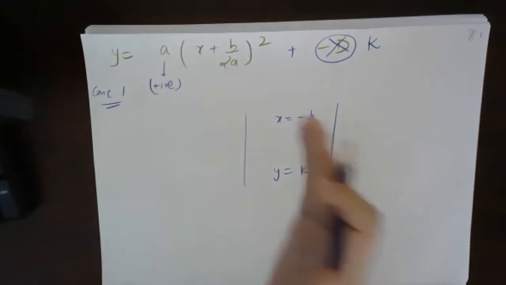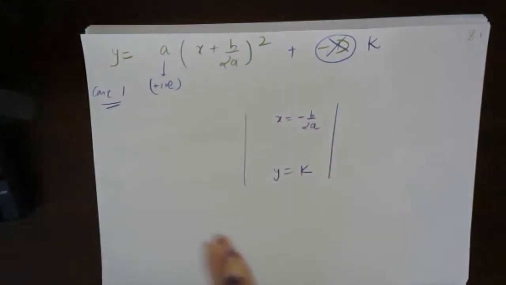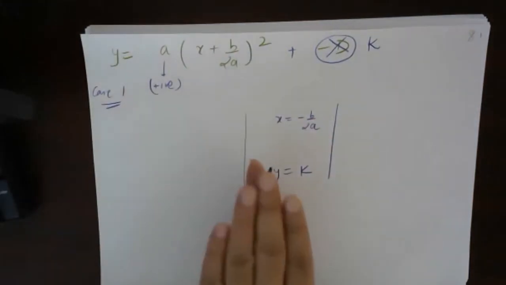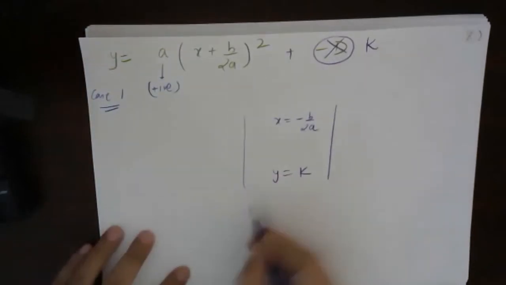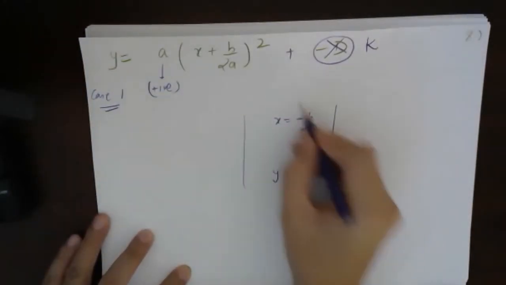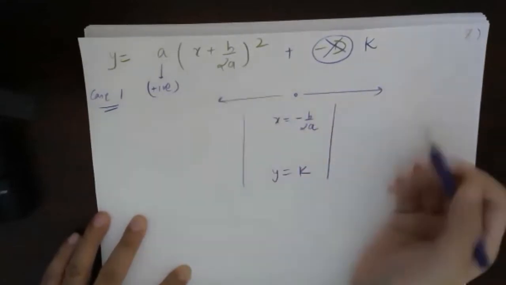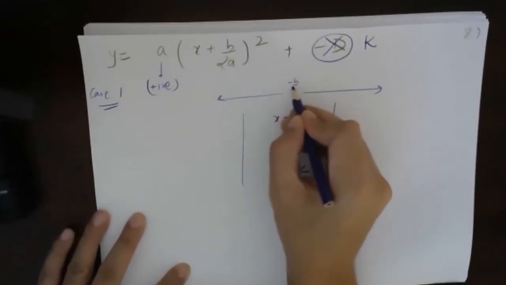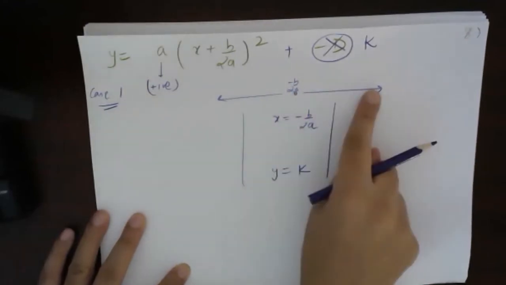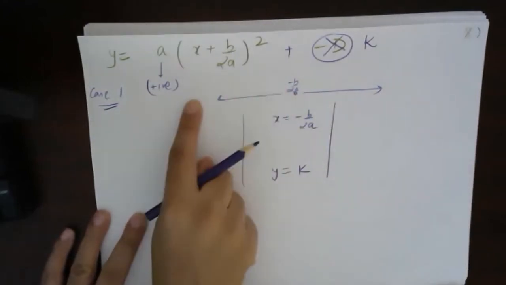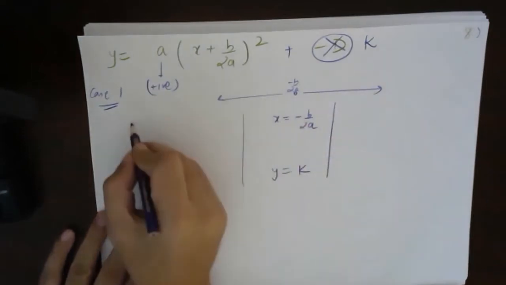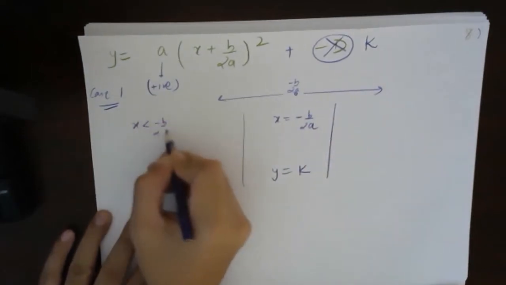Now let's take x is equal to minus b by 2a as the center. We can move on the right side or we can move on the left side. We can take a value greater than minus b by 2a, or a value less than minus b by 2a. Okay, let's take x less than minus b by 2a.